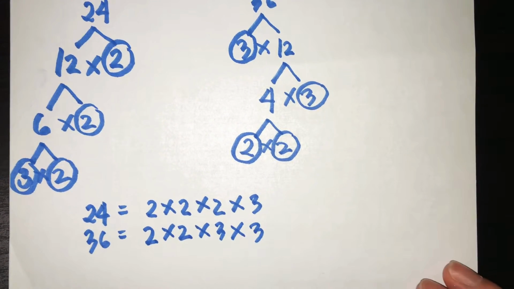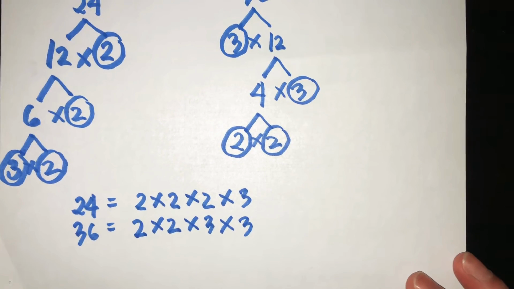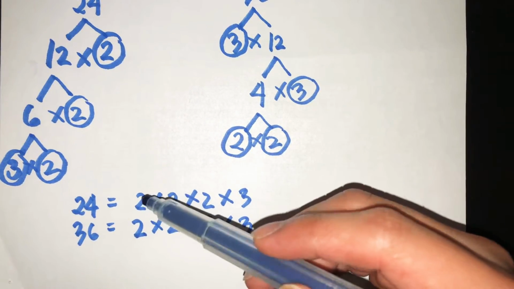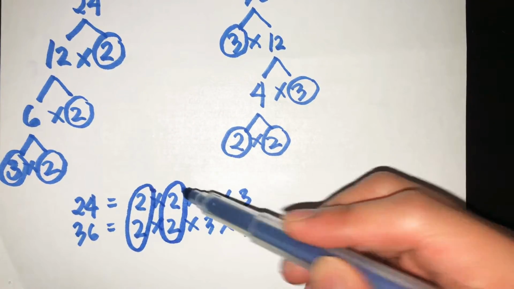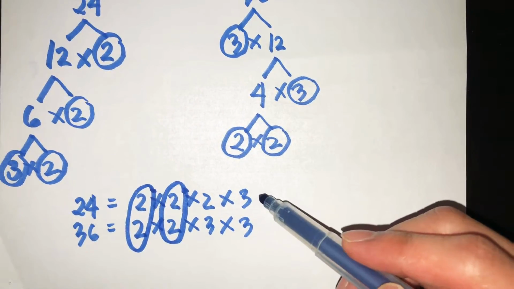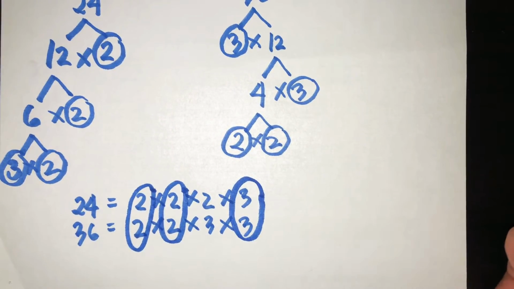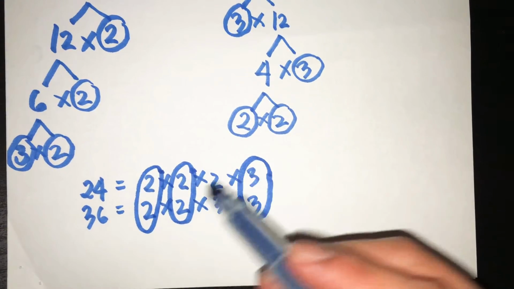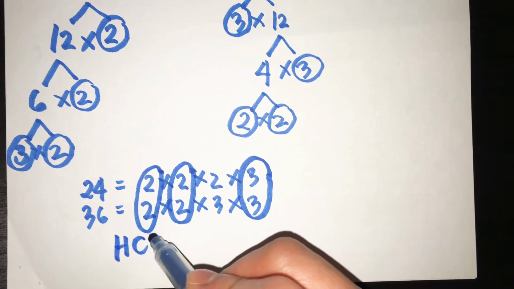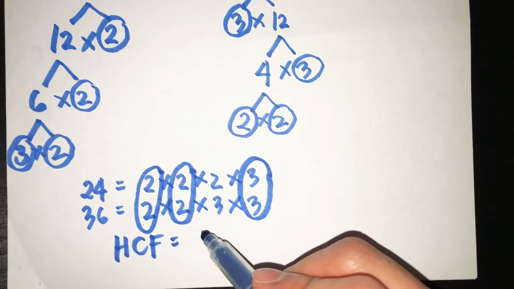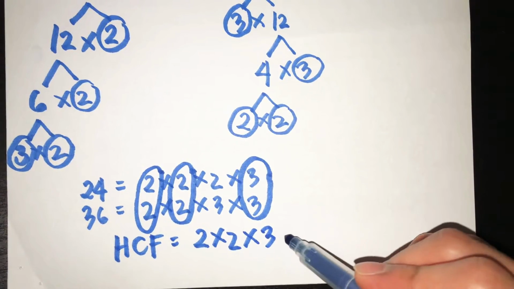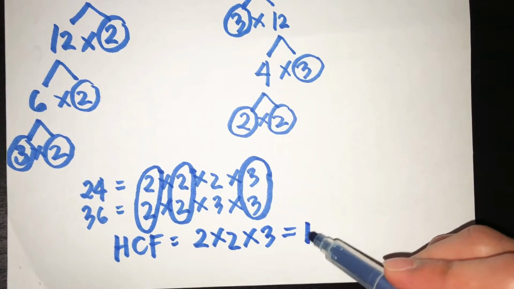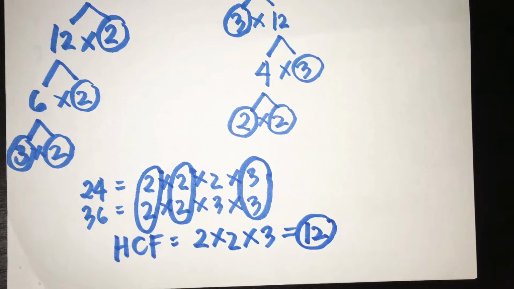Then after that, we're going to get the common factors, so we're going to encircle them. So the HCF, or GCF, is equal to 2 times 2 times 3, which is equal to 12. You see, it's easy.